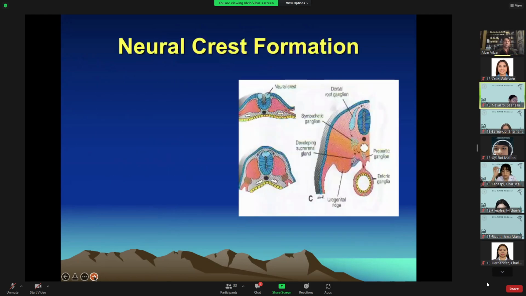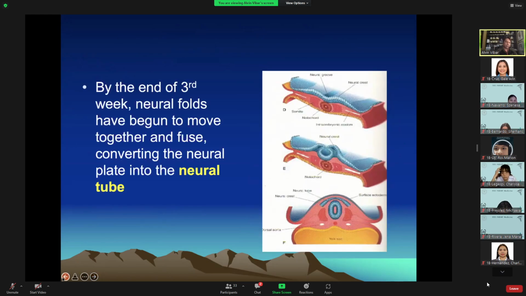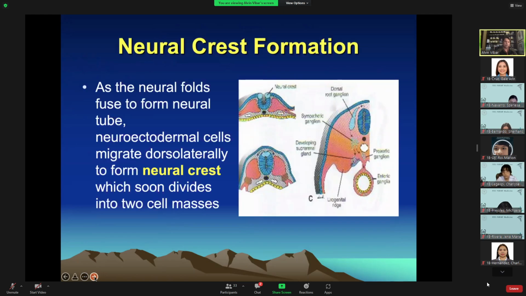Okay, let's go back to that picture. Aside from the neural tube, some neuroectodermal cells will migrate to the sides, and that will become your neural crest. Again, some neuroectodermal cells will migrate dorsolaterally to become the neural crest. So at the end, two important structures form: the neural tube, and on the sides of it, you have the neural crest.